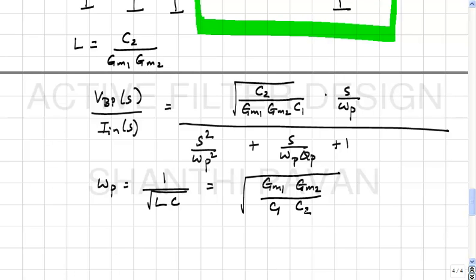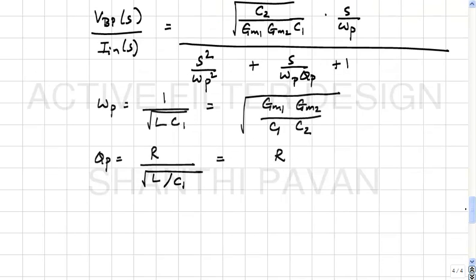Okay. And what is QP? Is R divided by square root L by C1, and this must be R under root, what is L?